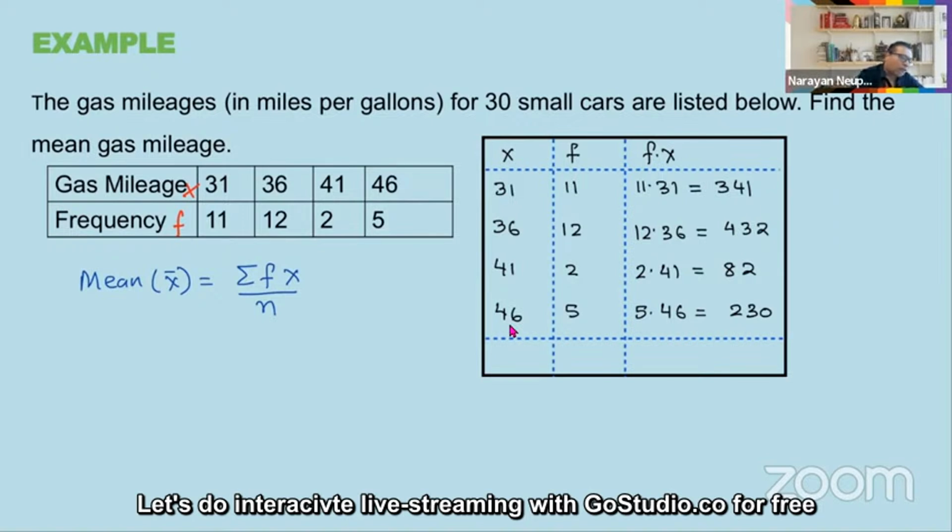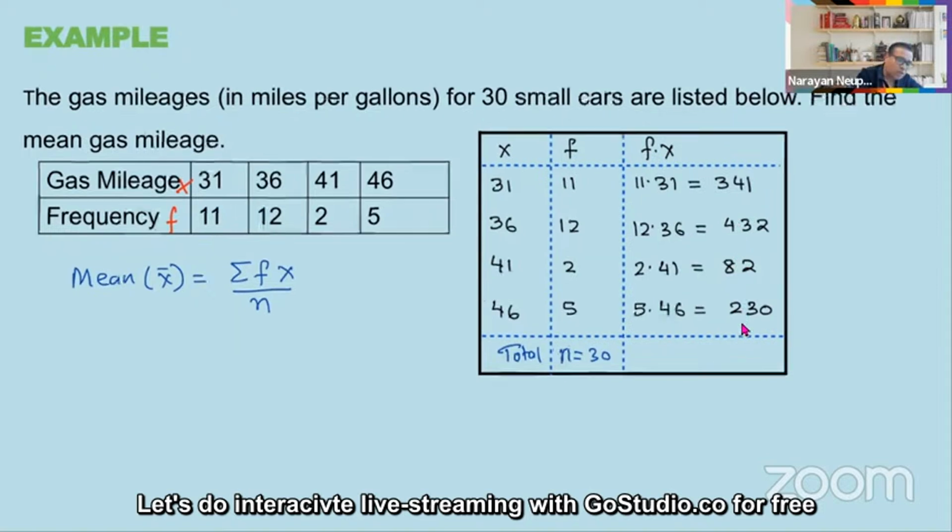Now let's find the total. If we add all these, 11 plus 12 plus 2 plus 5, that is equal to 30, right? N equals 30, because if you add all frequencies, that will give you the sample size N. And here in the formula, I need the sum of F times X. We need the summation, so we need to add these values: 341 plus 432 plus 82 plus 230.